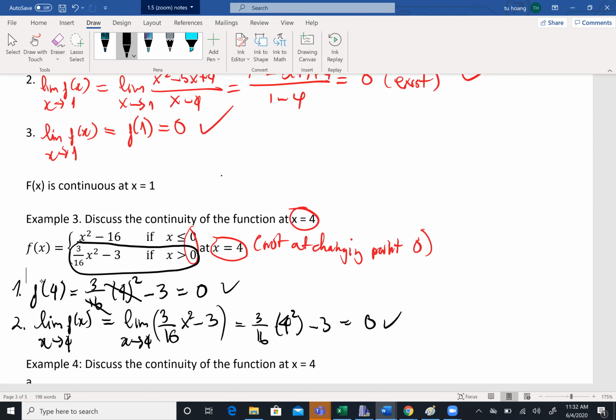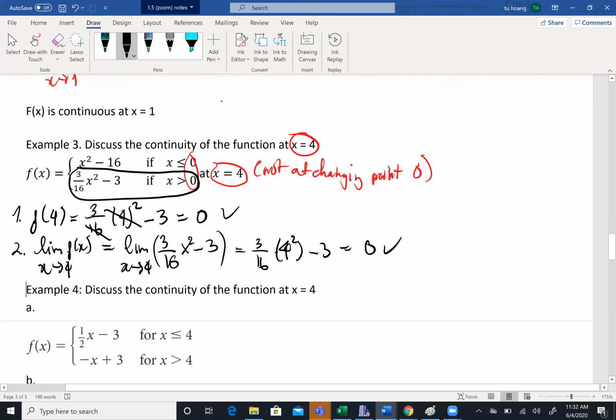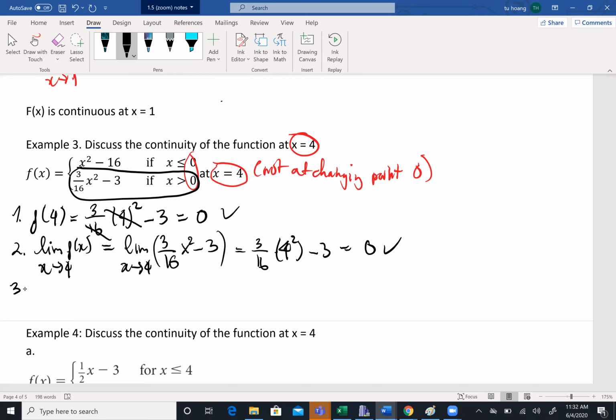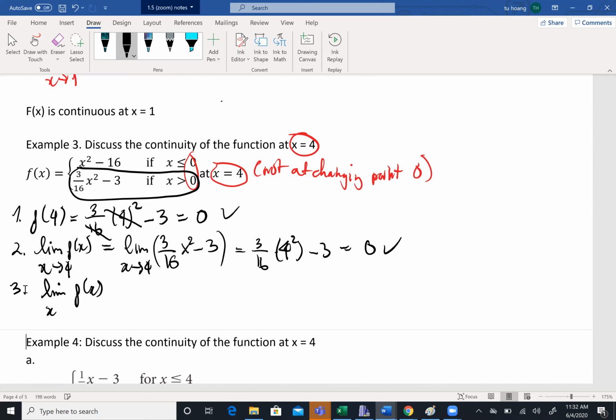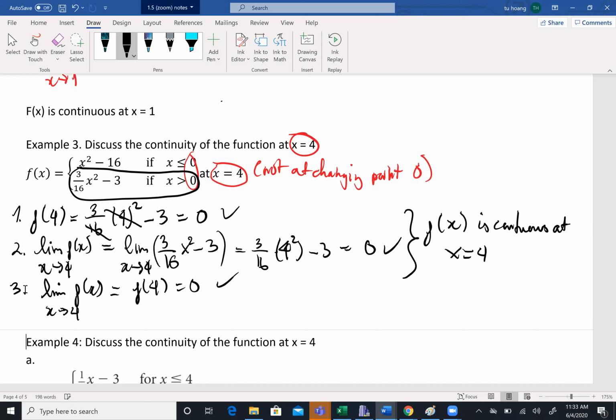This is defined and exists. Both the first and the second conditions are satisfied. The last one, the limit of f of x when x goes to 4 equals f of 4 equals 0, and you say, since these 3 conditions are satisfied, f of x is continuous at x equal to 4. Okay.